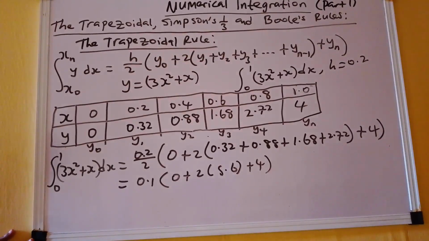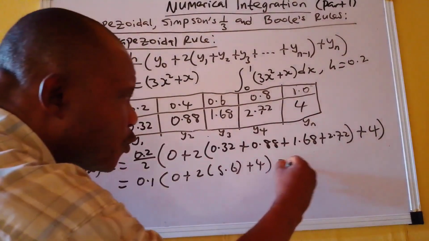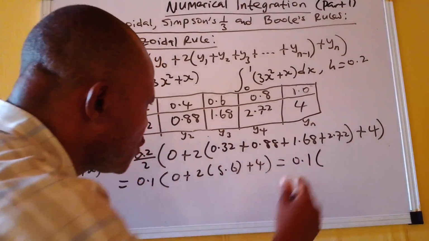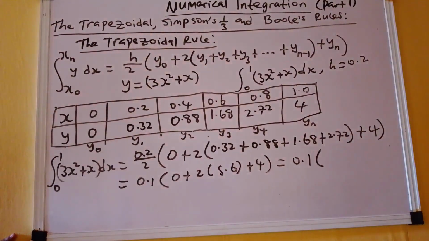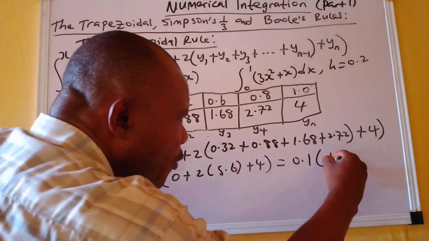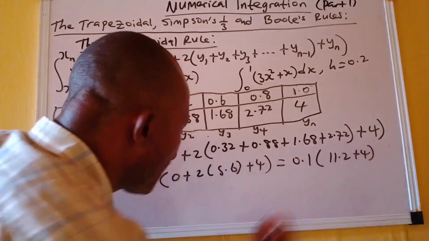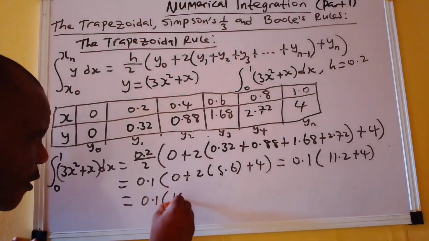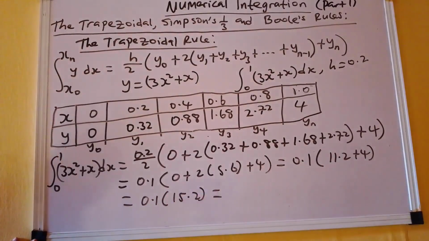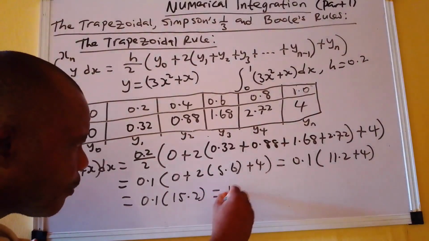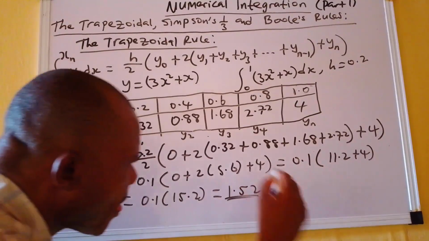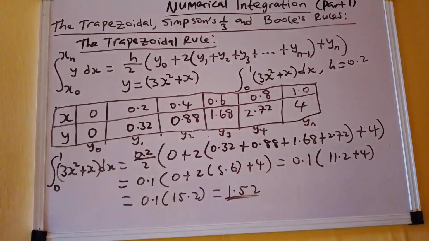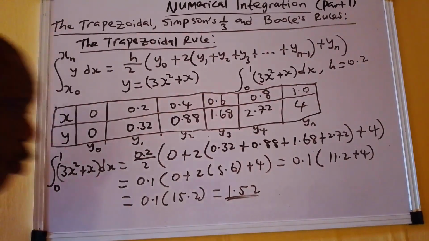So 2 into 5.6 is 11.2, plus 4. You have 11.2 plus 4, which will be equal to 15.2. That is 0.1 into 15.2. And that will give us 1.52.